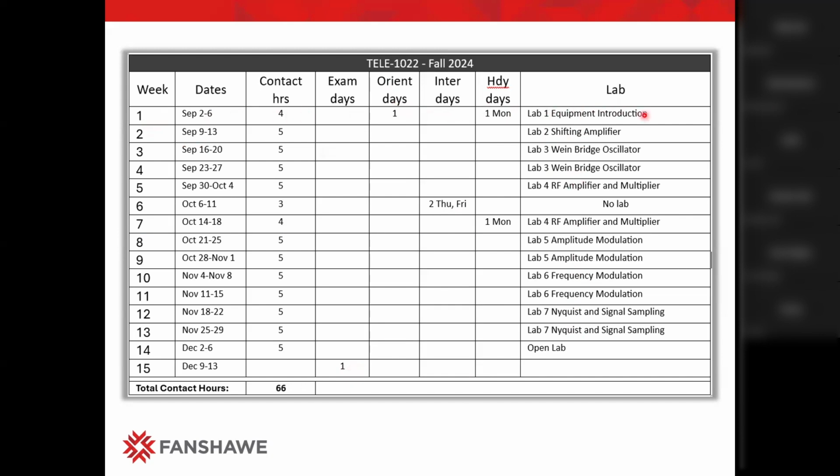Week 1 is the equipment introduction, which is what we just did. Then in week 2, we're only going to have that shifting amplifier lab, which is coming soon. Just 1 week, so it should be a relatively simple lab. Then you can see lab 3 is 2 weeks, lab 4 is 2 weeks, everything's 2 weeks.